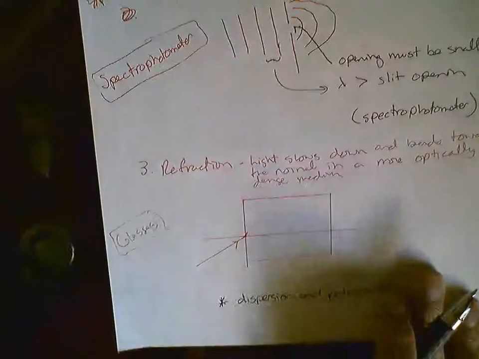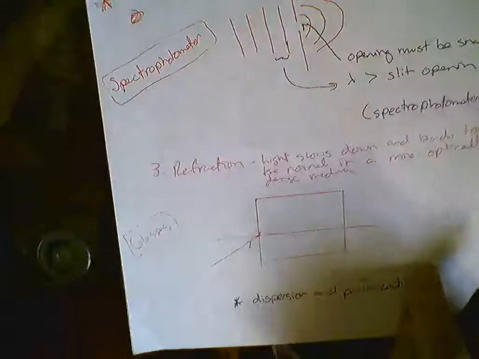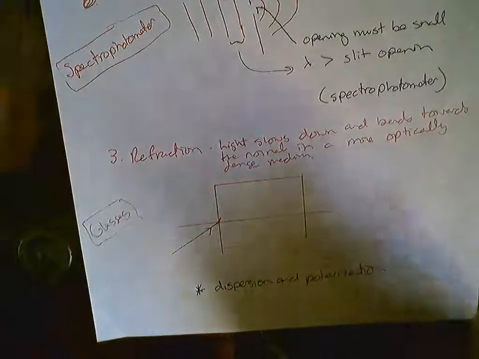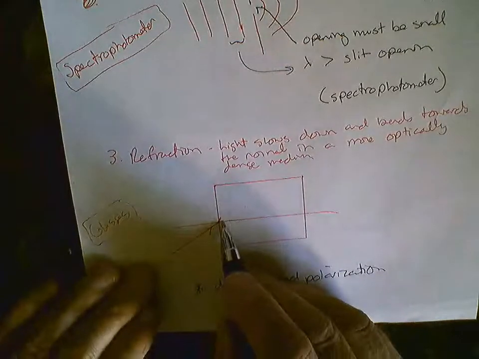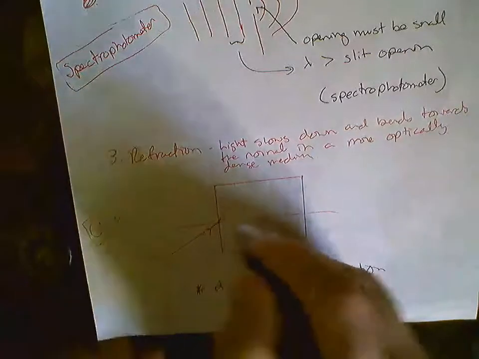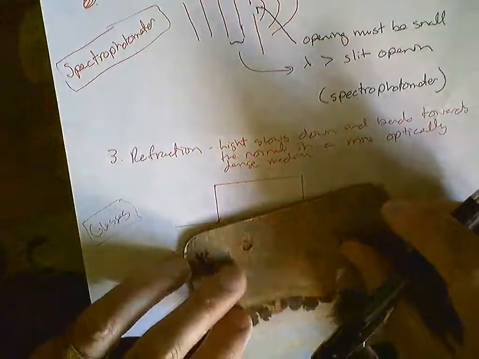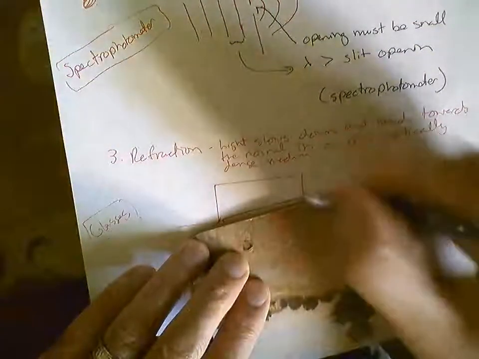I am going to jump to number 3 and come back to 2 at the end. 2 is the most important one. If you remember what refraction is, it's when light goes into a medium with a different optical density. So if it goes into a medium that has a higher optical density, like glass, it will refract, or bend, towards the normal.